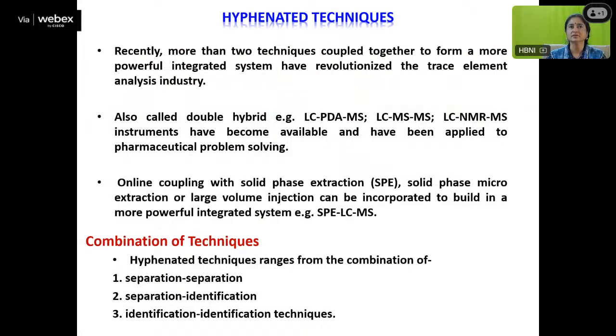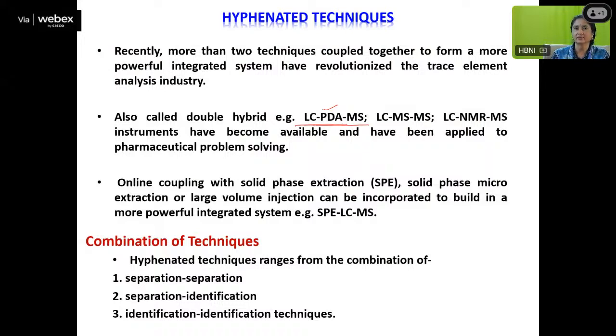Recently, more than 2 techniques coupled together to form more powerful integrated systems have revolutionized the trace element analysis industry. Like you can see, liquid chromatography, PDA, and mass spectrometry. PDA is a photodiode array.